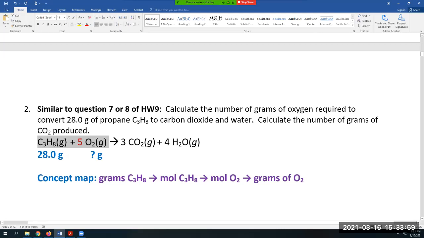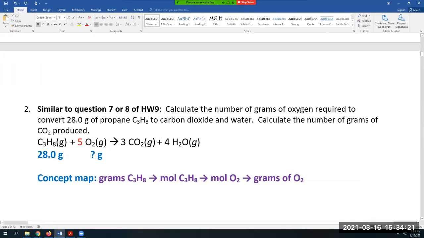So this is the only way to convert propane to oxygen. So we need to convert the grams of propane to moles of propane. Then we can change that to moles of oxygen. And the question is asking for grams. So then you need to convert back to grams using the molar mass of oxygen. And oxygen here is O2.